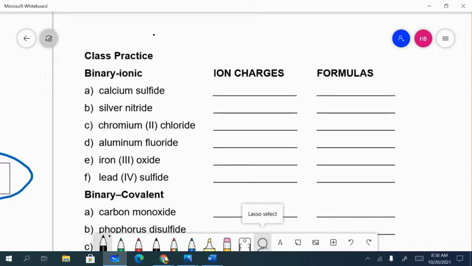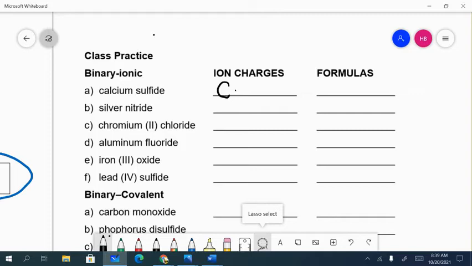So let's do binary ionic first. I'm not doing this in order of easiest to hardest. I'm doing it in order of binary to ternary to acids. So when it says ion charges, I need to be looking at my periodic table of the elements.